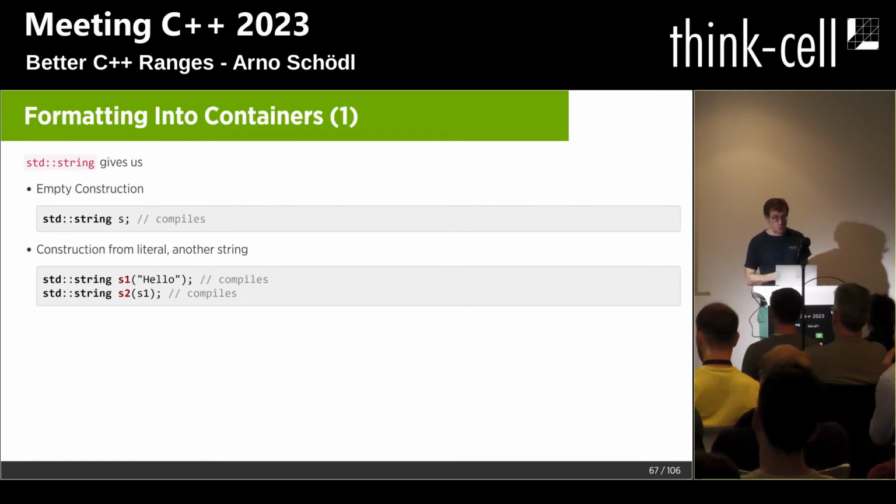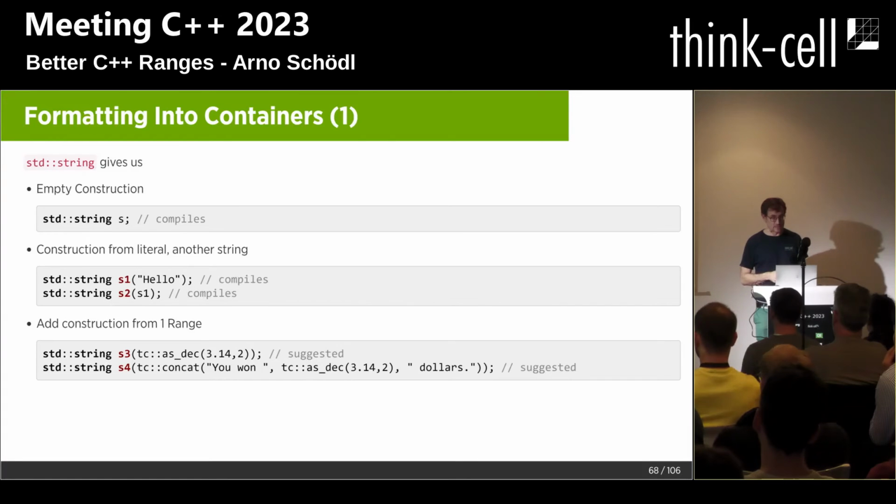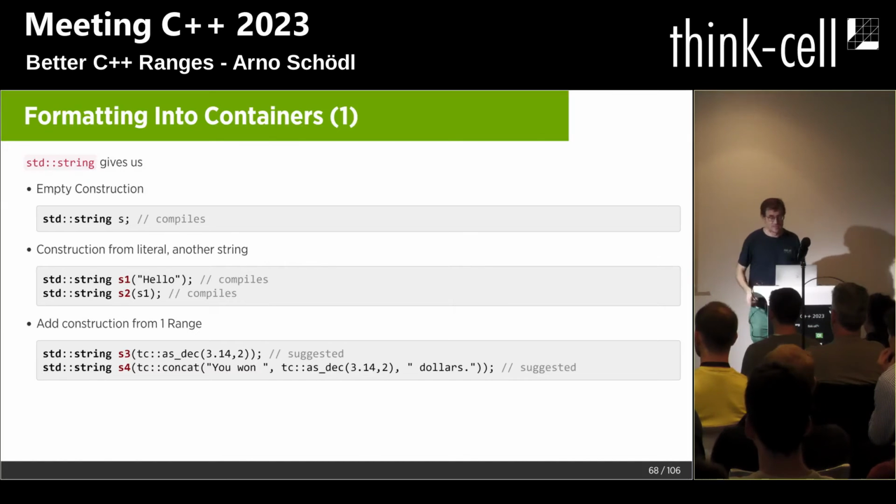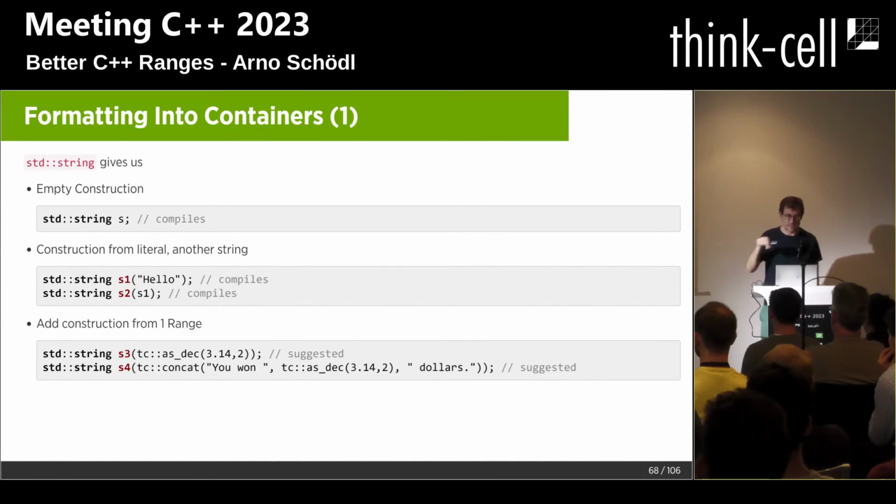And then there are two, of course, okay, so that is what we need to add, right? We should be able to add the construction from one range. And that, of course, doesn't work, but we somehow have to put in glue so that it will work. That you can basically create a string out of any range. When we have a range, you want to make a string out of it. You should be able to write this. Unfortunately, you can't, but we'll pour some glue onto it so that you can.